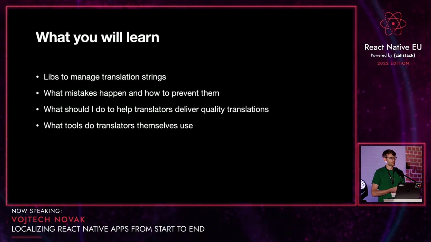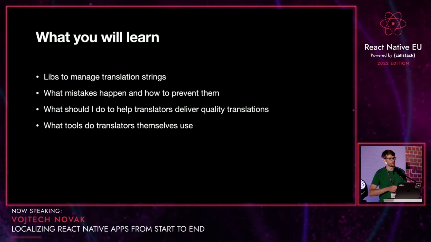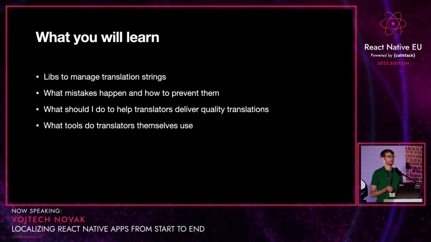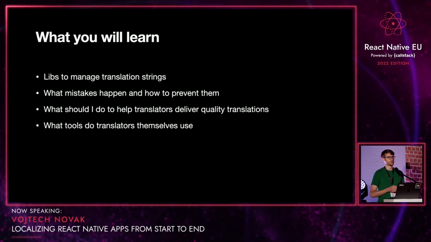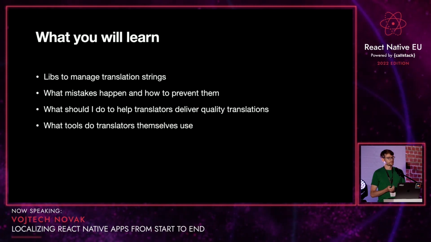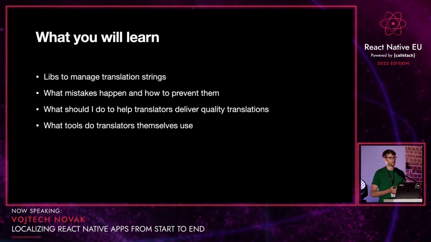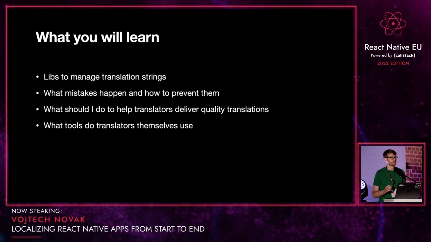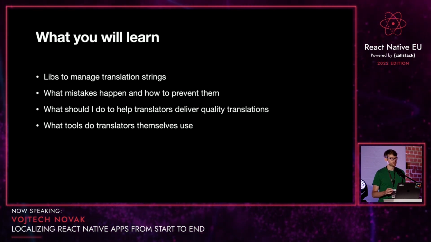I want to start off this talk by giving you a promise that, regardless of whether you are a starting developer or a senior developer, I really hope that you will learn something new today and take something away. In this talk, I'll be doing a quick comparison of some libraries that you can use to localize your apps.